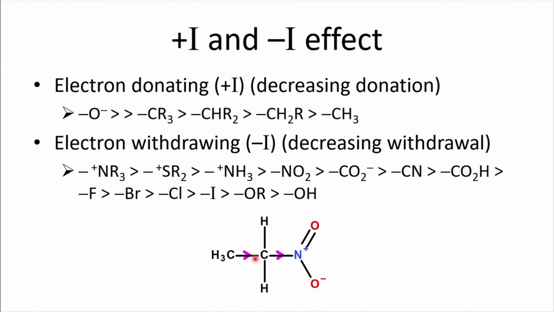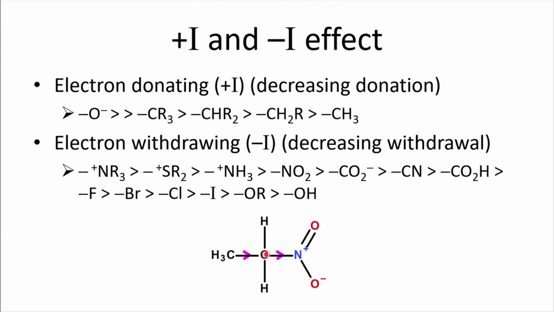How the electron is actually pulled or pushed through the sigma framework is given with an example. As here you can see the NO2 group is basically electron withdrawing, that is minus I effect. So, it pulls the electron towards itself, and the methyl group is a plus I effect. In other words, it actually pushes the electron.